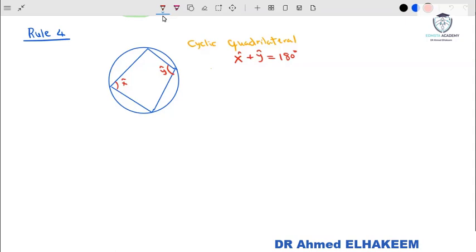So this is the special case of a polygon which is inside a circle. Whenever you see something like this, this polygon should have its 4 vertices lying on the circumference of a circle. In this case, each two opposite angles, their sum will be equal to 180.